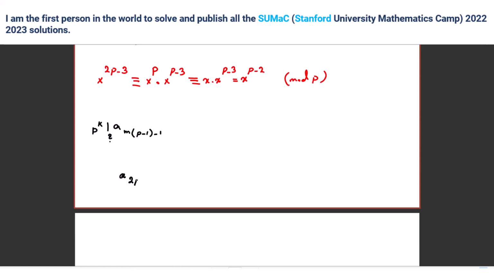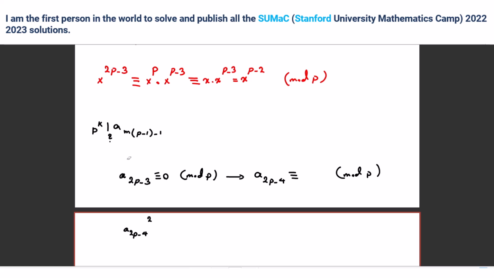For example, a_{2p minus 3} is 0 mod p. Now, what can we say about previous one? 2p minus 4 can be what numbers? Any numbers? No, not any numbers. Oh no, just 1. 1 or minus 1. Yes. Just 1. Minus 1 is not a case, so just 1. Let's check, because 2p minus 3 is odd, right?